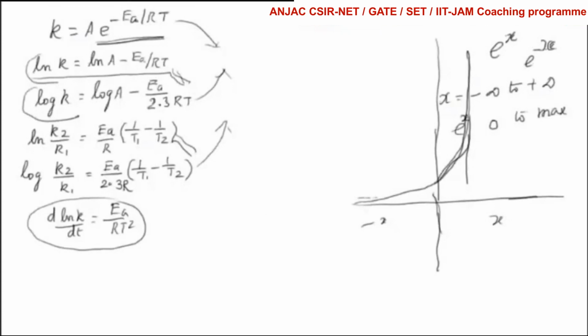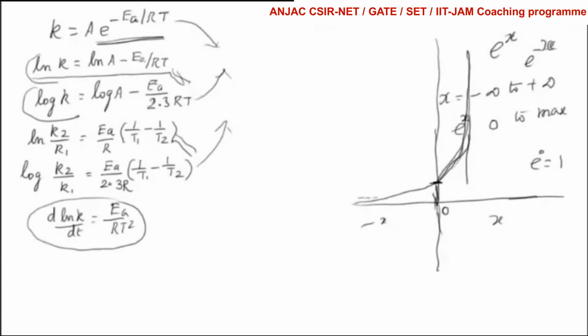When x is equal to 0, the exponential curve will not pass through 0, because e power 0, as we have seen a little bit earlier, is equal to 1. Therefore, the curve will pass through 1 unit, not through the origin. If the increase is like this, we call it an exponential increase.